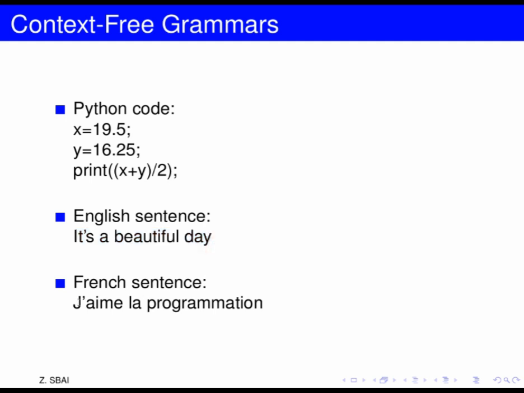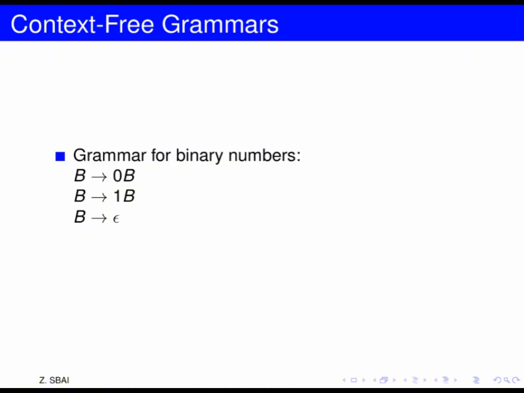Same for the French language, for example. If this sentence, j'aime la programmation, is correct, it should be correct compared to the syntax of the French language. Okay, so this syntax is in general defined by a context-free grammar.